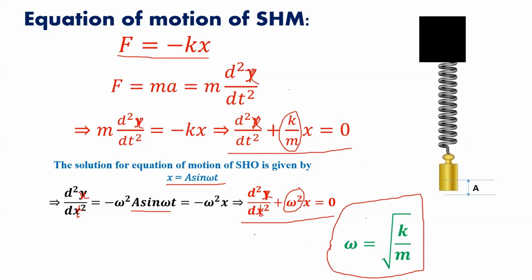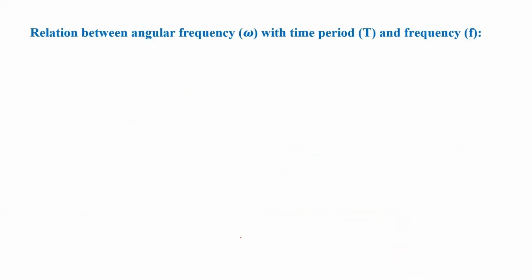Now we are going to discuss the relation between this angular frequency and time period. So angular frequency omega, time period t, and frequency f. How these three are related we will discuss now.